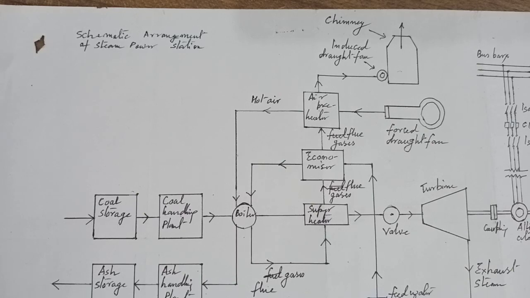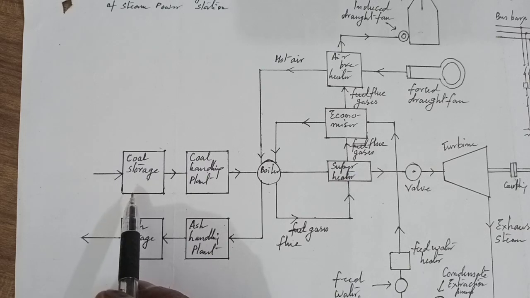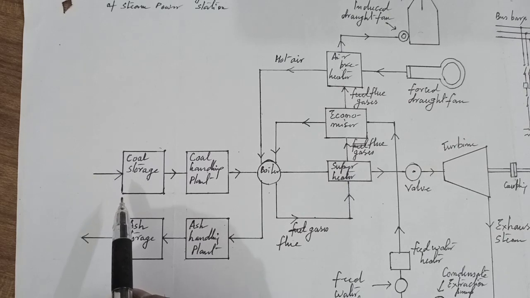The coal is transported to the power station by road or rail and is stored in coal storage plant. Storage of coal is primarily a matter of protection against coal strikes, failure of transportation system, and general coal shortage.